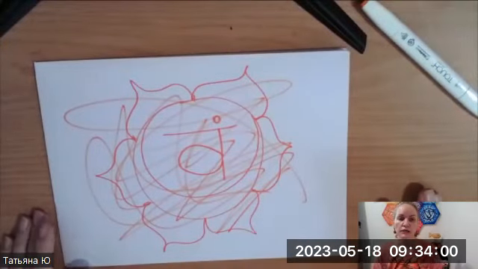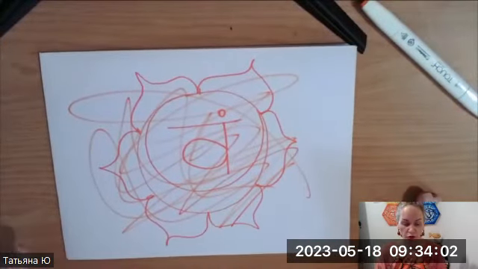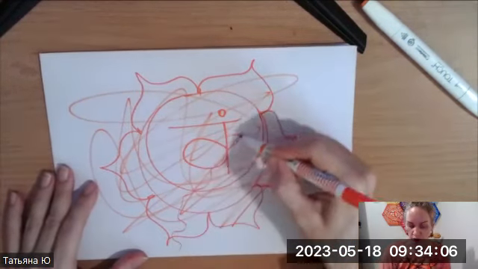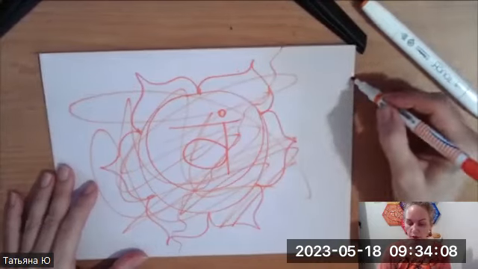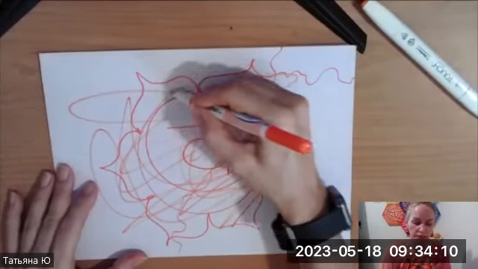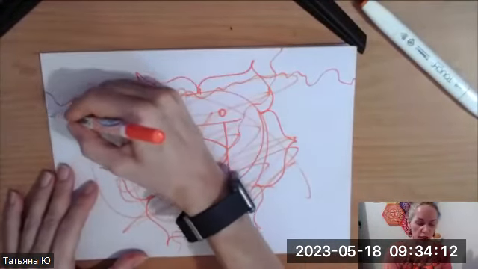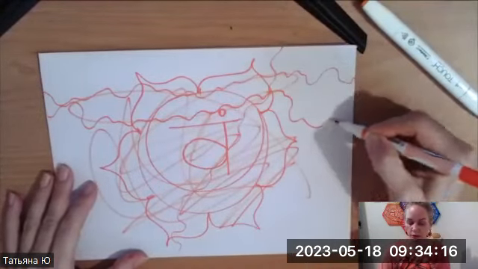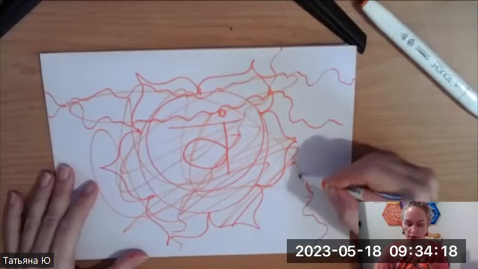It depends on how you feel, how much there is. And after this, we start to release these energies. And each line you can draw with understanding, oh, I am releasing these kinds of things.